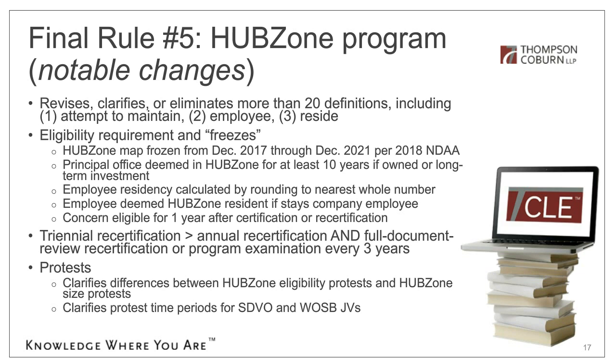So some of the big picture things that this program did was it changed some eligibility requirements and it froze some things. And I use freezes in quotation marks in part because really that's the way SBA was describing what this rule did. It really was intended to freeze things, and they kept referring to things as freezes or things would be frozen.